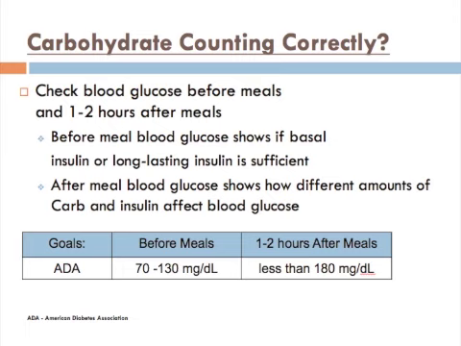And then by testing before and after a meal, you can compare those two numbers to see how the different amounts of carbohydrate and the rapid-acting insulin dose at the meal is affecting the blood glucose level. And just as a reminder, the ADA goals for before meal glucoses are 70 to 130 and then less than 180, 1 to 2 hours after meals.